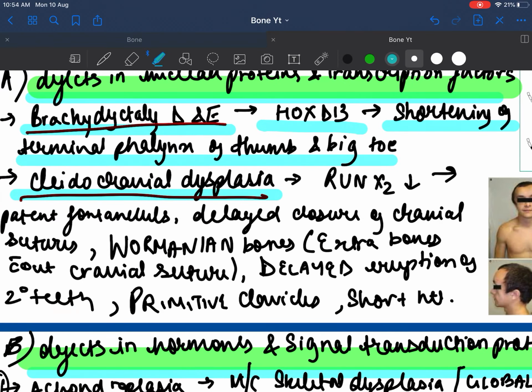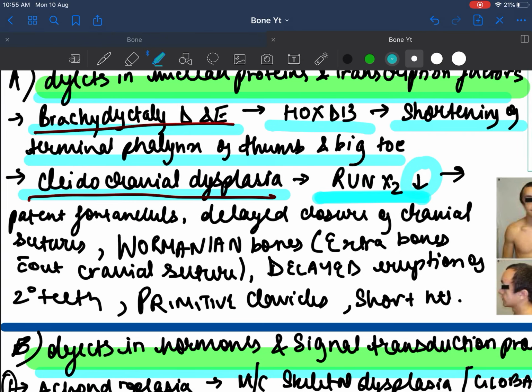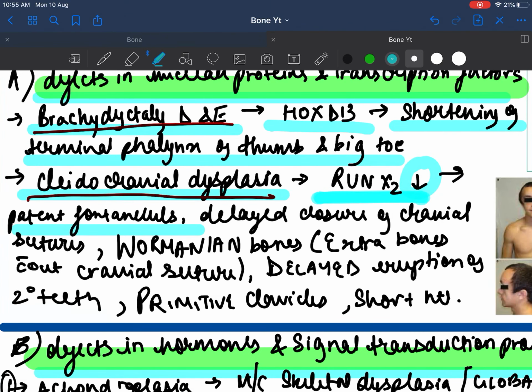We have discussed the RUNX2 gene. We discussed genes like SOX9, and this is the gene known as RUNX2. When RUNX2 has a loss of function mutation, it will lead to cleidocranial dysplasia. So the patient will have patent fontanelles, delayed closure of cranial sutures, and Wormian bones. What do Wormian bones mean?